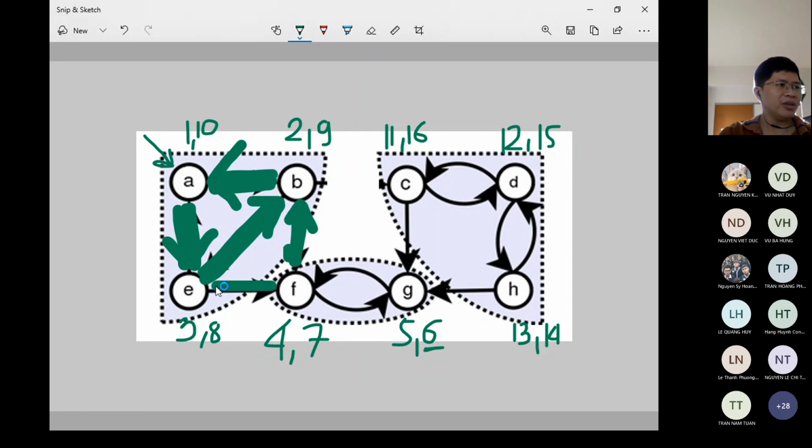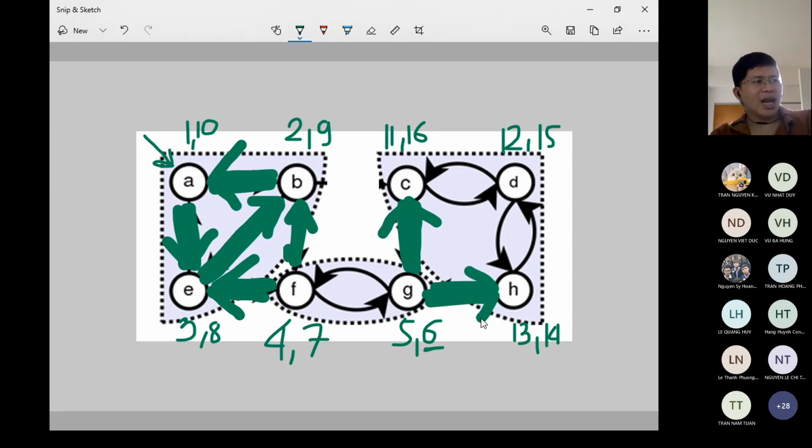Here we have the opposite. Do the same, keep it like this. Okay, let's say this is our new graph. We call it G minus 1.